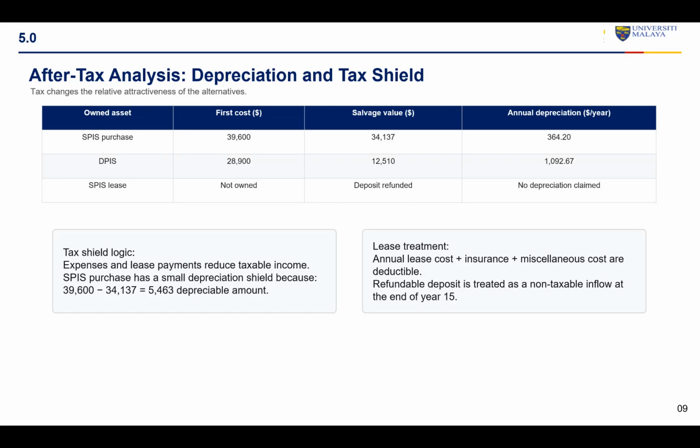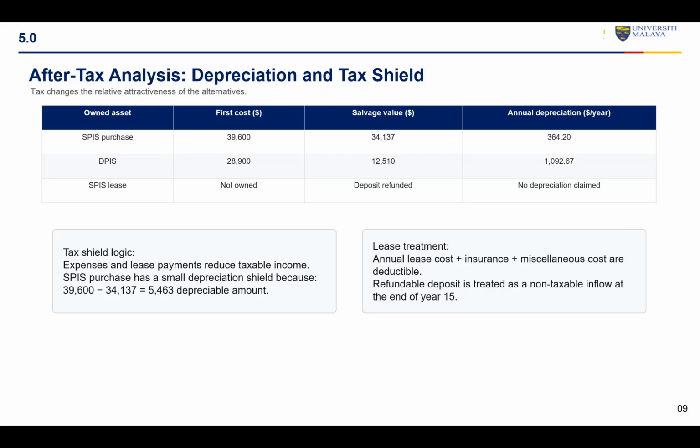For SPIS purchase, annual depreciation is $364.2 because the depreciable amount is only $5,463, calculated as 39,600 minus 34,137. For DPIS, annual depreciation is $1,092.67.